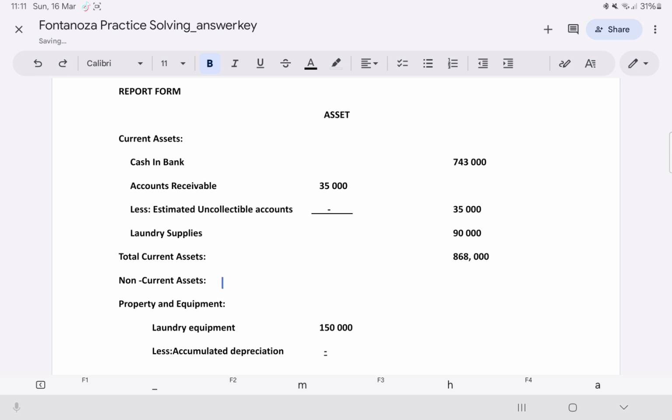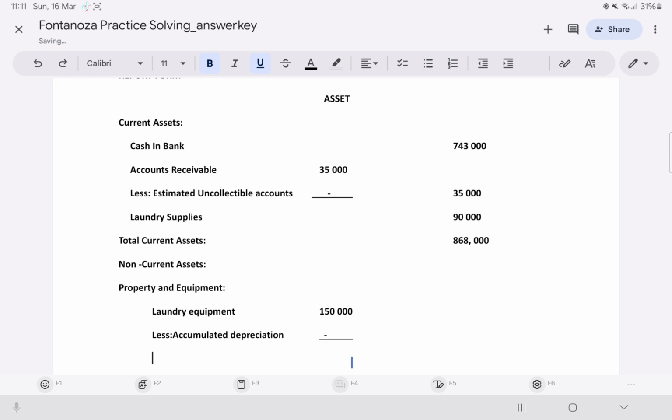And then we're going to total the non-current assets.